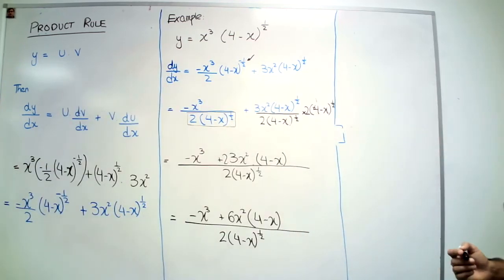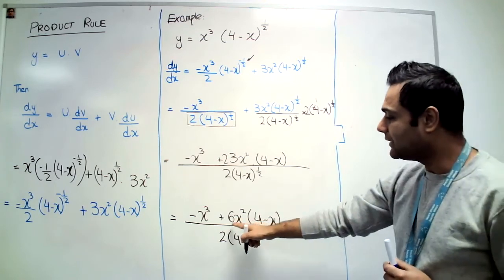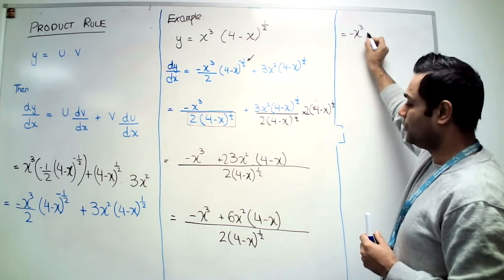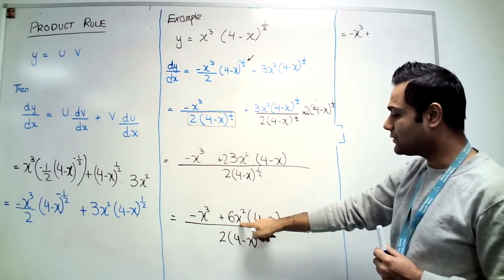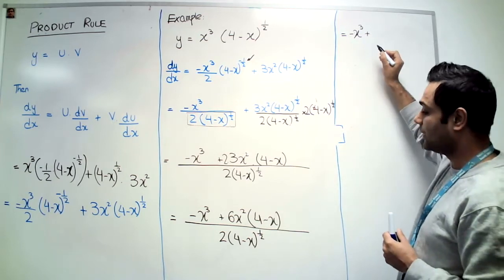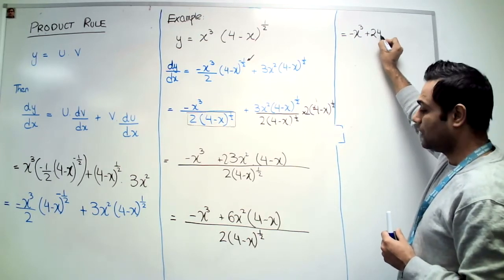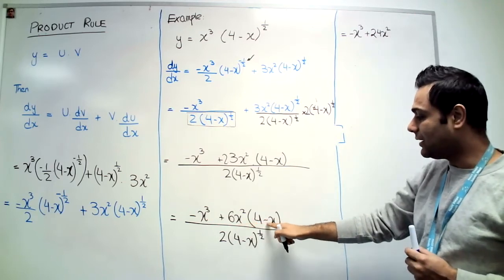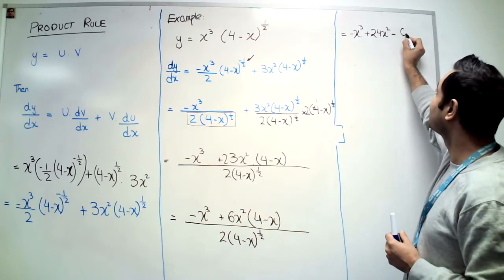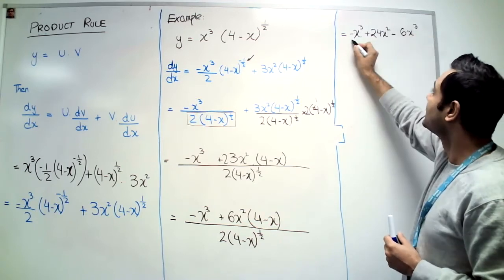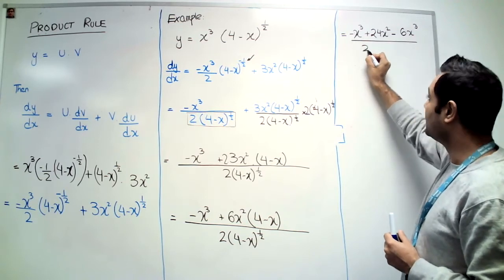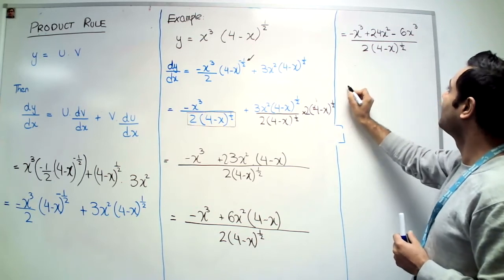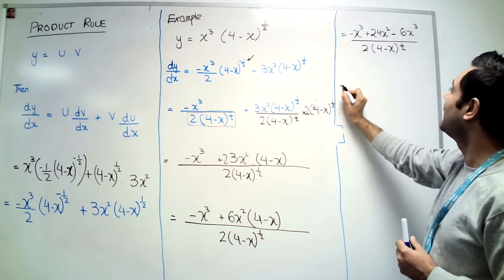Now we can do one more step after that one. We can open this thing. That becomes minus x cubed plus 6x squared times 4, which is 24x squared, and 6x squared times minus x is minus 6x cubed, divided by 2 bracket 4 minus x to the power half. Yeah, and that will be my answer.